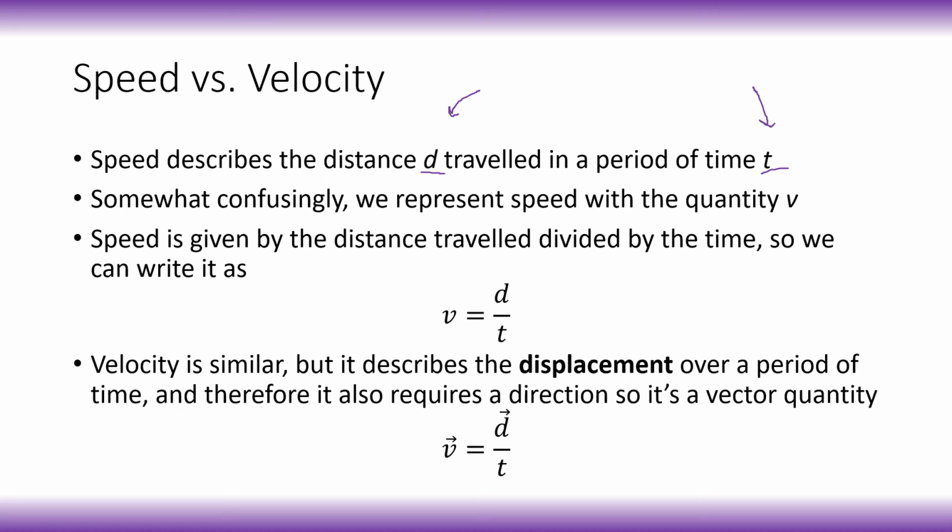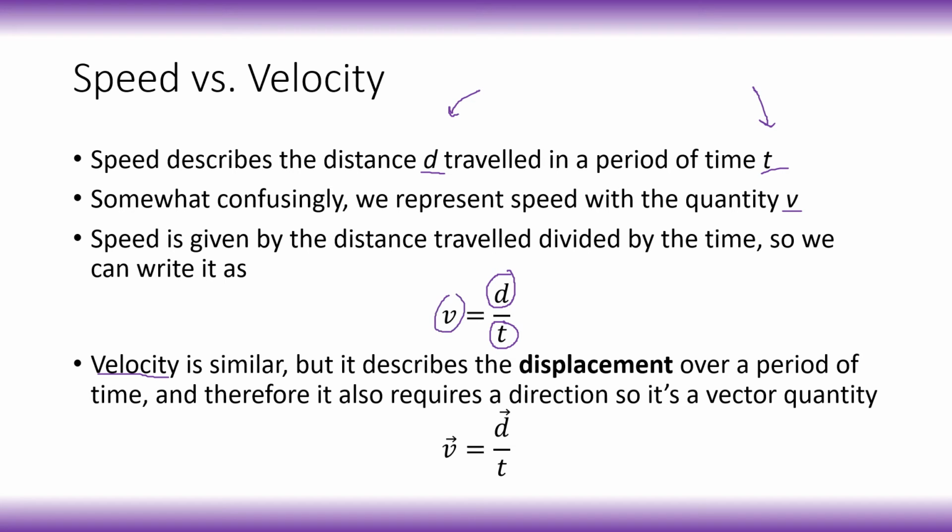It's a little bit confusing, but we write down speeds with a V instead of something like an S. I don't know for sure the reason, but I would guess it's because we use V for velocity, and speed is very similar to velocity. If we write speed with a V, distance with a D, and time with a T, then speed is the distance that you traveled divided by how long it took you to travel that distance.